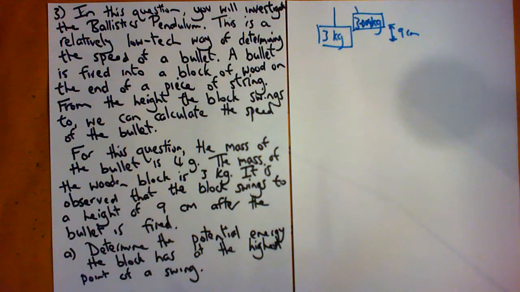Okay, so we've got the information we need to determine the potential energy, because at the top of the swing, all of the kinetic energy that was given to the block by the impact of the bullet has been converted into potential.